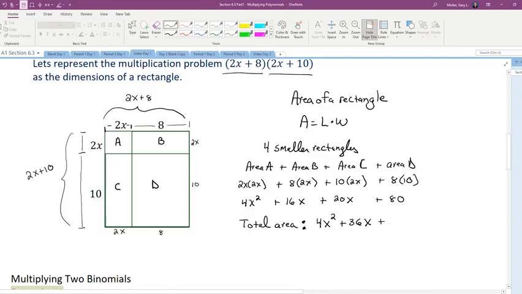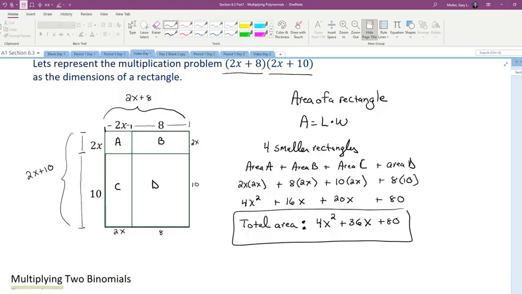And then I have my 80. So the total area is 4x squared plus 36x plus 80, telling us that 2x plus 8 and 2x plus 10 multiplied together is equal to 4x squared plus 36x plus 80.